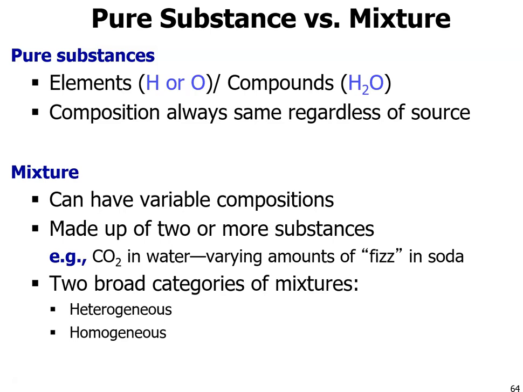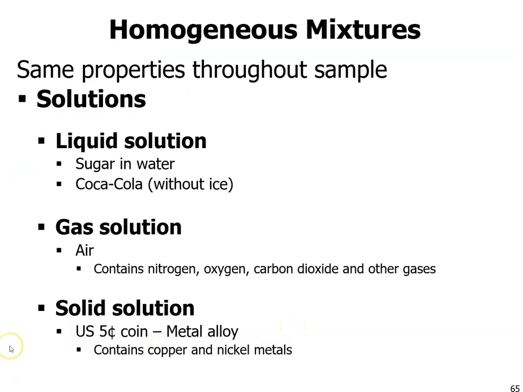And there are two different categories of mixtures: heterogeneous or homogeneous. You can also say heterogeneous or homogeneous. It doesn't matter. It's a potato, tomato kind of thing. Homogeneous mixtures are when the same properties are found throughout the sample.